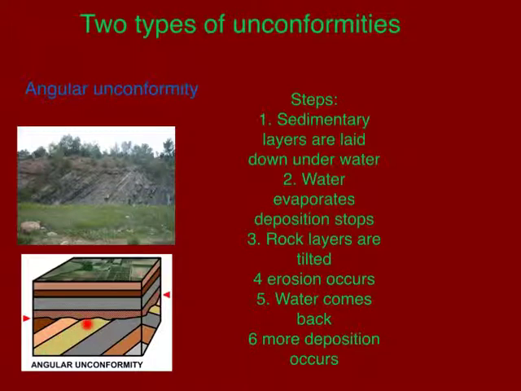And then after they tilted, the erosion occurred over the tilted layers here. And then after that, the water came back and they laid down some more horizontal layers. So this is an example of what we call an angular unconformity, because the rock was laid down, but before the erosion, the rock was tilted. And then after the erosion, another layers of sedimentary rocks were laid down on top.